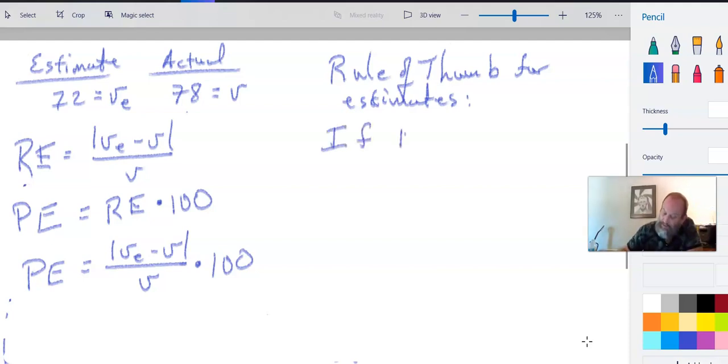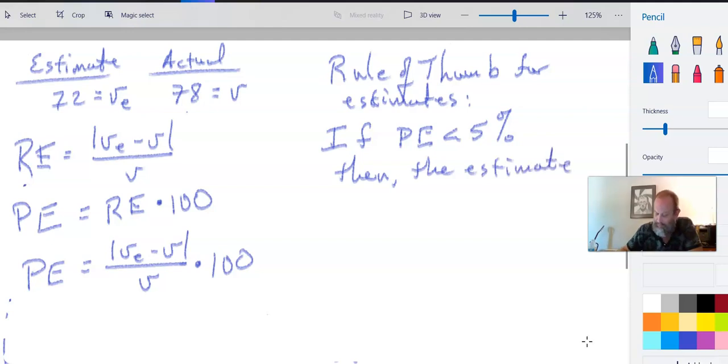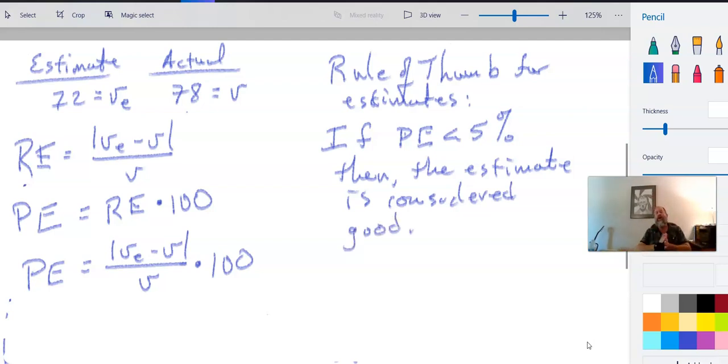If the percent error is less than 5%, then the estimate is considered good, or a reasonable estimate anyway.